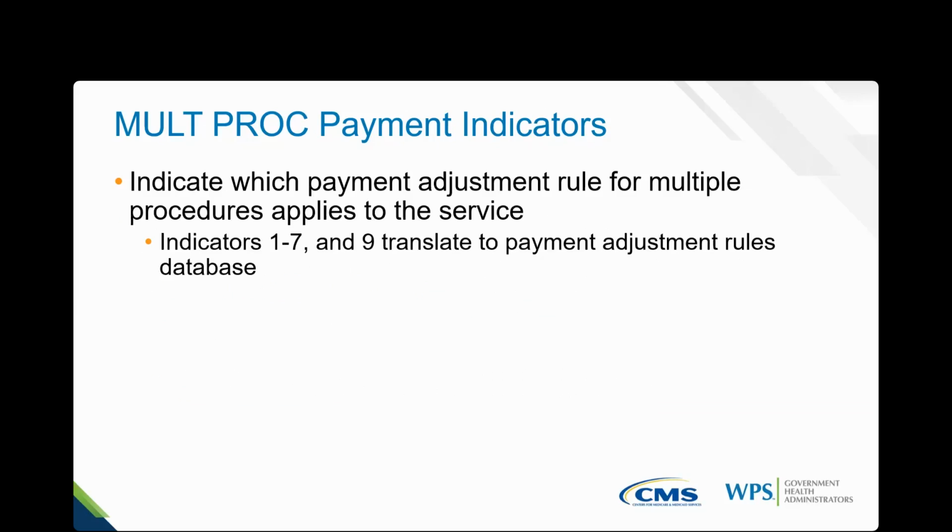And for each CPT code listed on that file, and remember there's over 7,000, you will find payment indicators 1 through 7 and 9 in that MULT PROC or multiple procedure column. And these indicate which payment adjustment rules apply.